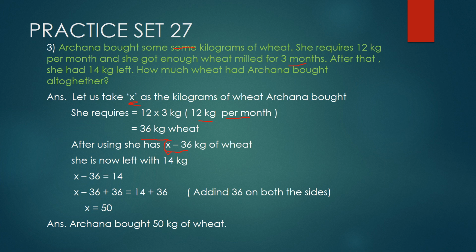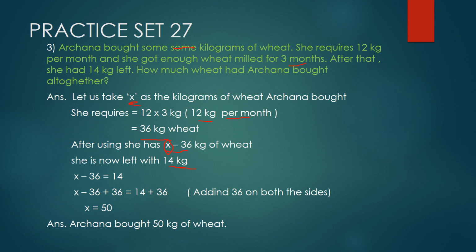Now after that, means after using how much? X minus 36, this is the total number. Okay, this amount x altogether we don't know. After using 36 kg she still is left with 14 kg.